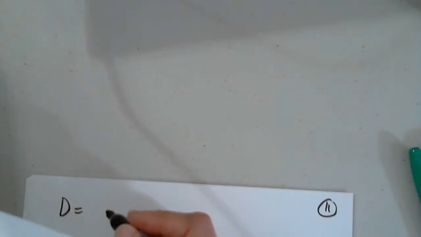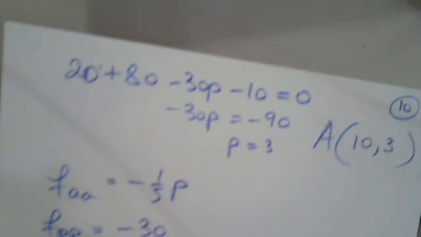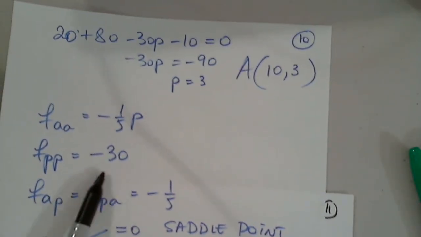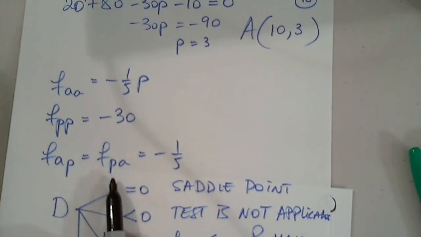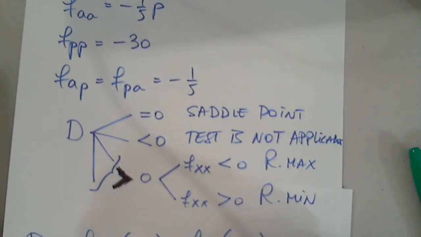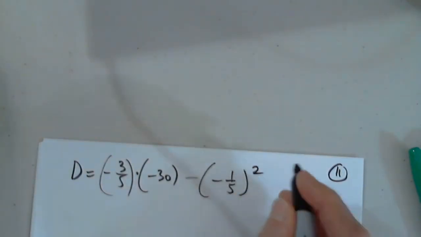So D equals FAA at (10, 3), negative 3/5, times FPP. I don't have anything to plug in, so it's still negative 30. FPA, there is no A and P, so it's negative 1/5 and squared. So minus negative 1/5 squared.